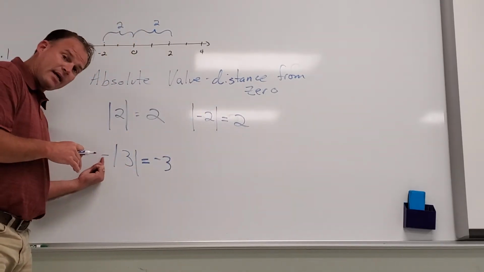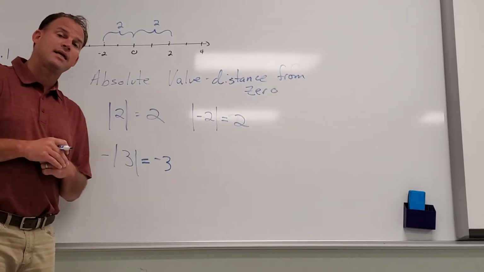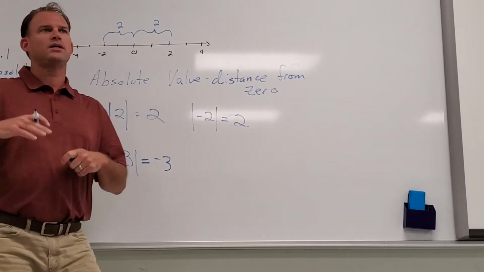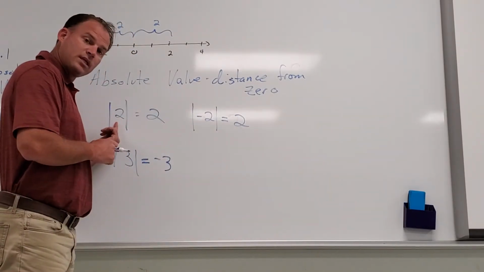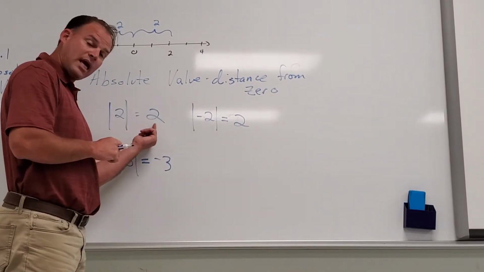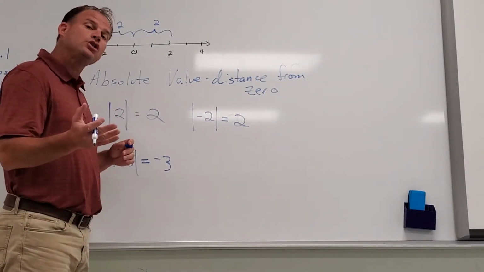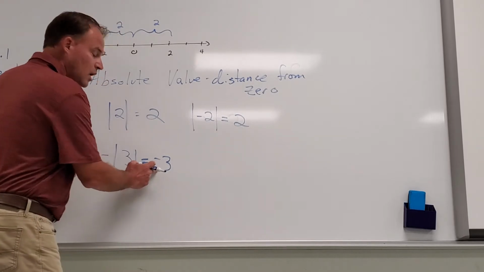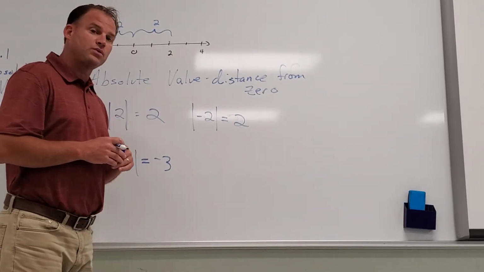If I have a negative or opposite sign in front of the absolute value, you can get a negative answer, okay? Don't think it just always changes the sign, because obviously in this first example here, a positive 2 gave us a positive answer. So it doesn't always change. It doesn't always come out positive. You need to think and figure out the distance from 0.